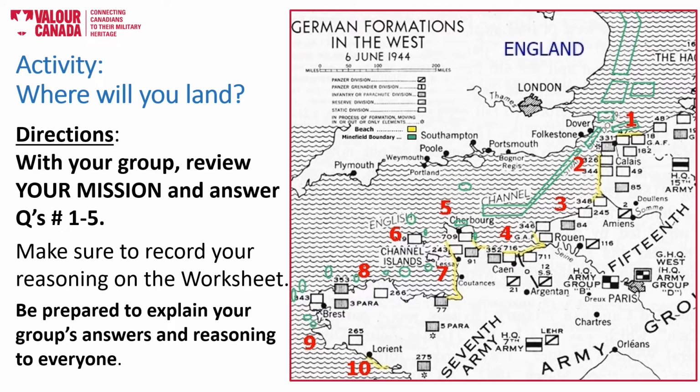And just to be absolutely clear, the point of this exercise is not to get the correct historical answer. The goal is instead for you and your group mates to use logic and reason to create a plan that makes sense. Don't stress over the details.